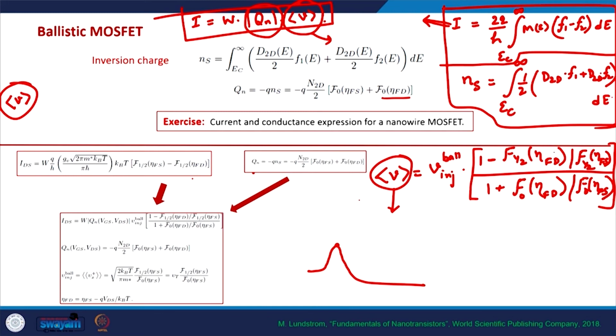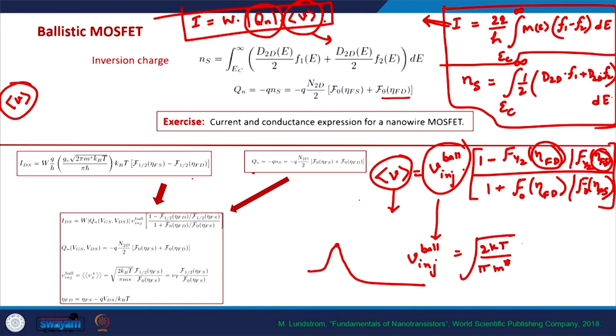So as you can see, it depends on both eta Fd and eta Fs, where this ballistic injection velocity is this velocity, which is Vt, the square root of 2kT by pi m star, that is the thermal velocity, times the Fermi-Dirac integral of order plus half divided by the Fermi-Dirac integral of order 0 at eta Fs.